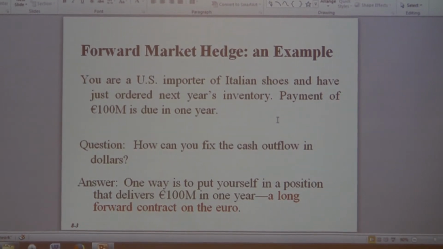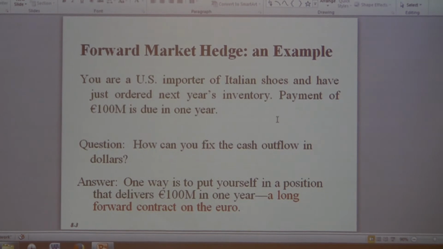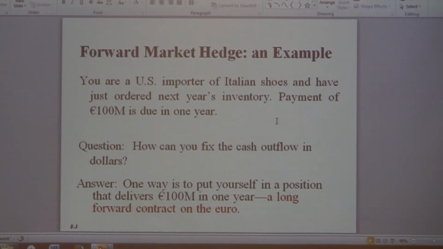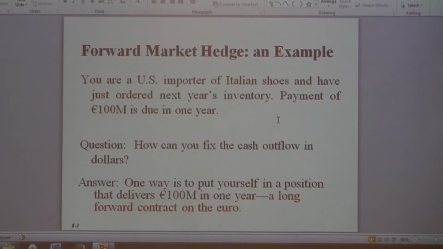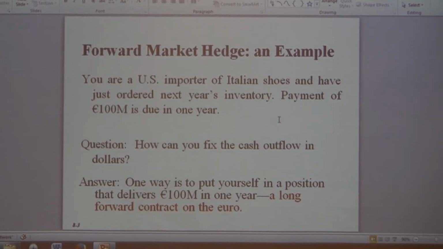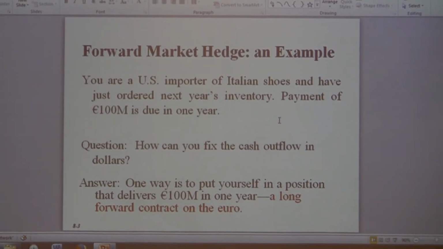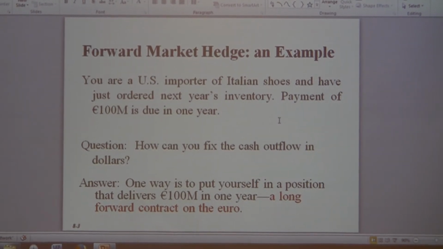So this is what you see, and all said and done, this basically tells you what happens when you are unhedged. So if you are unhedged, let's say the exchange rate goes to 2, you're going to pay 200 million. If it goes to 1.7, you pay 170 million.